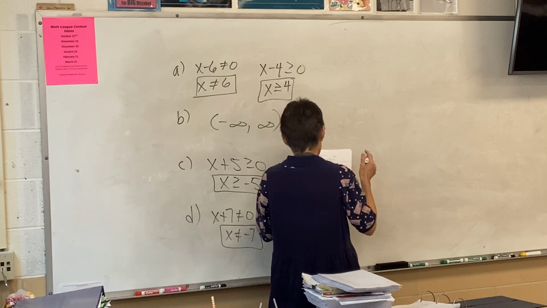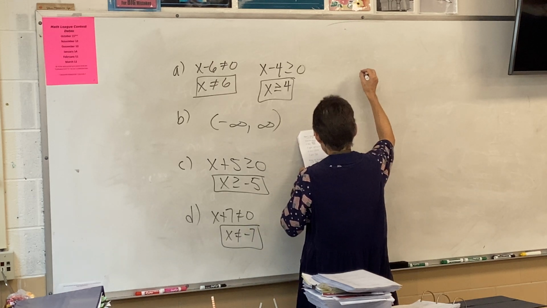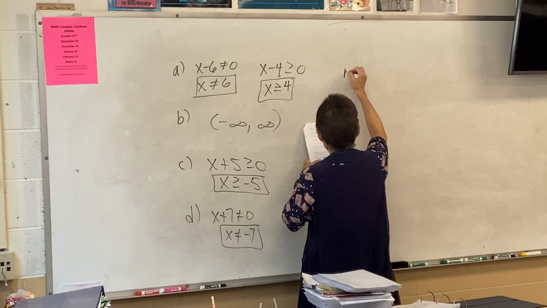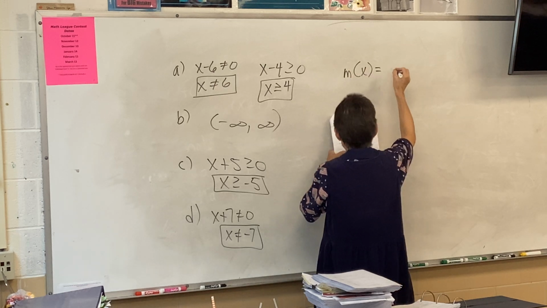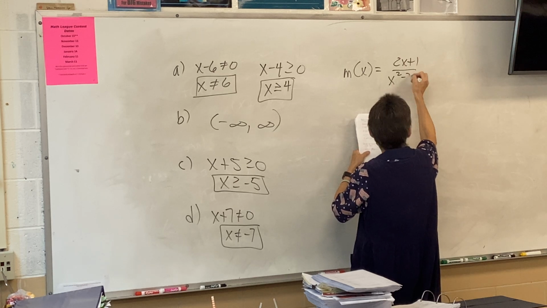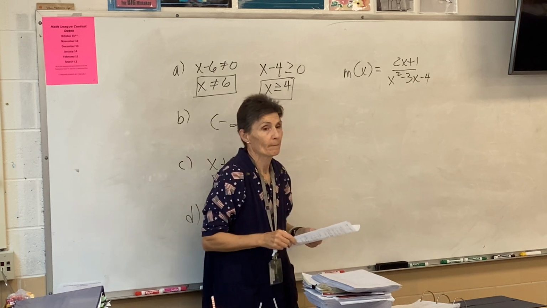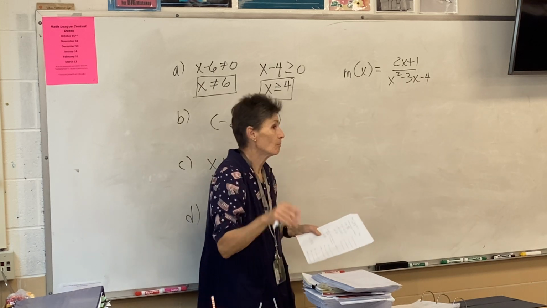We're going to find the horizontal and vertical asymptotes as well as the holes. All right, so our problem is this. What do I want to do first? Factor. Anything that will factor.